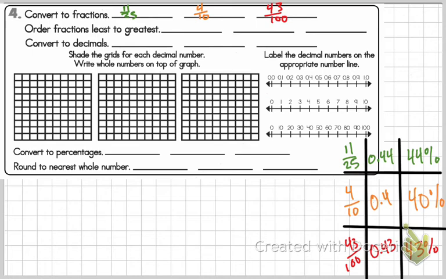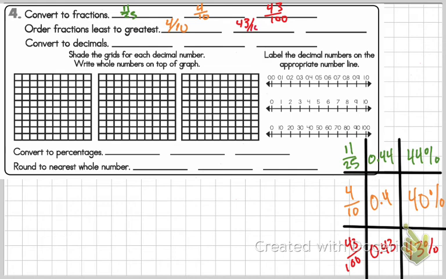Now I'm asked to order those fractions from least to greatest, and I don't know about you, but to me, it's really hard to make comparisons with those fractions. But this is one of the places where using our portions web is really helpful. Because if I look at the percentages in the right side of my table, I can really easily see that the smallest value was 40%, which was 4/10.